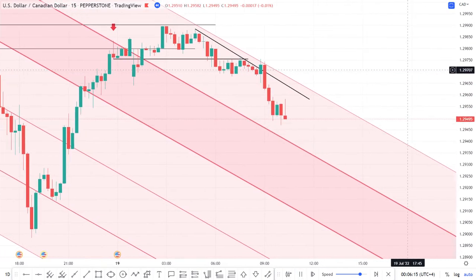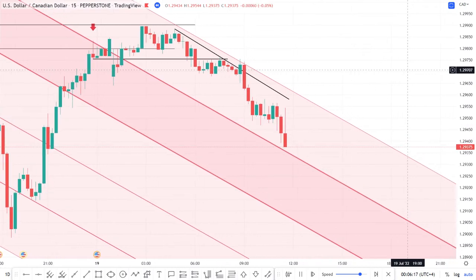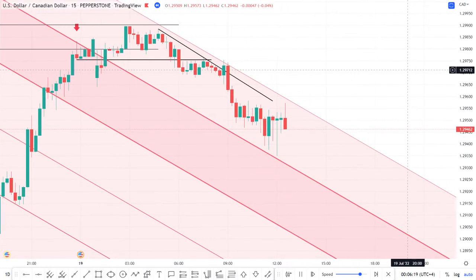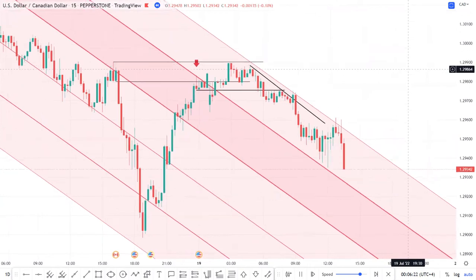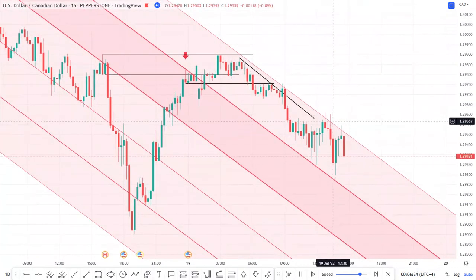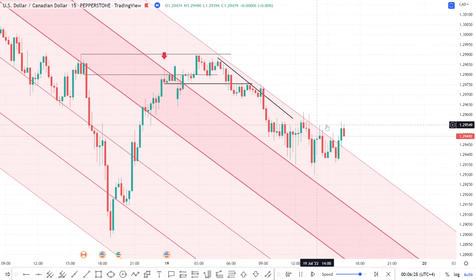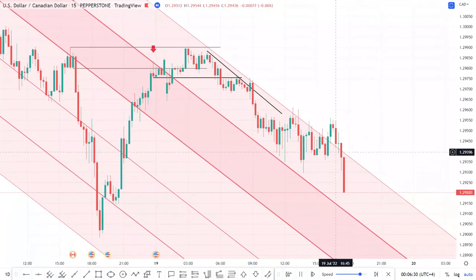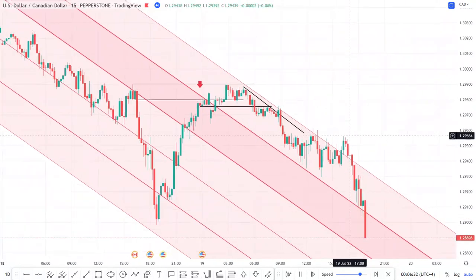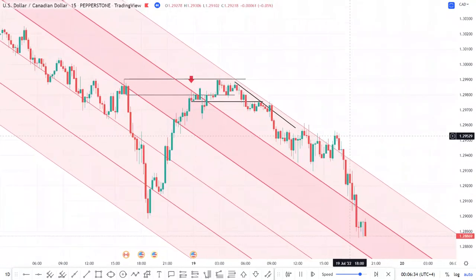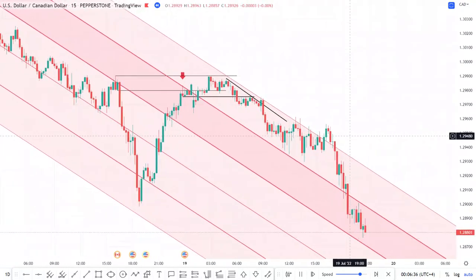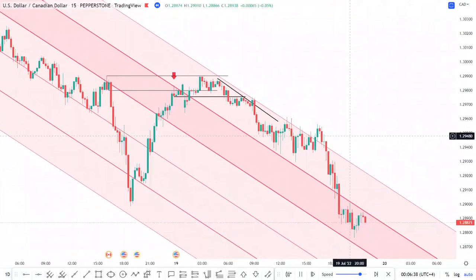Tinouch na niya yung upper line ng ating fork. And again, touch doon sa upper line ng fork. Kita niyo naman kung paano yung price action doon sa upper line ng fork. Tuloy-tuloy ang bulusok pababa.